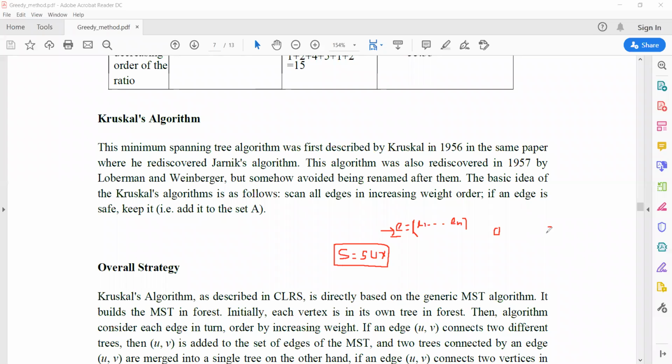So if we try to draw a simple example, the edges are connected like this. I named the vertices vertex 1, vertex 2, vertex 3, vertex 4.